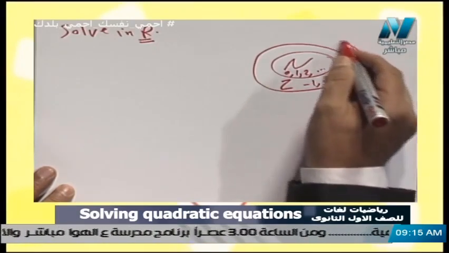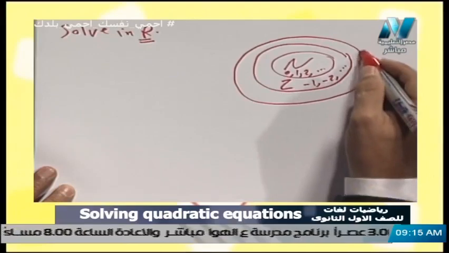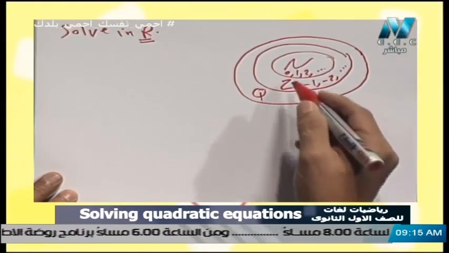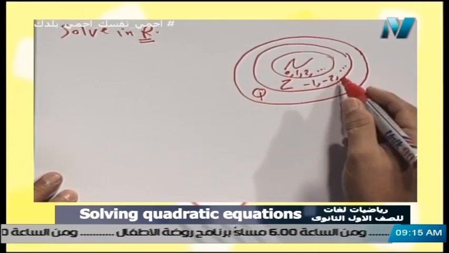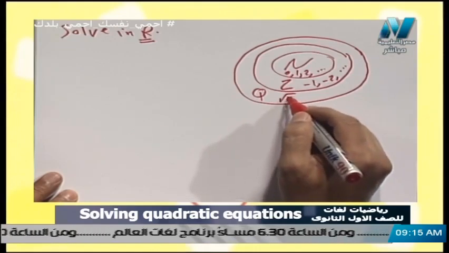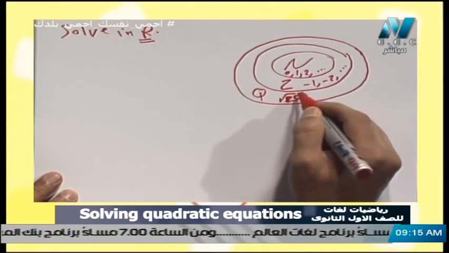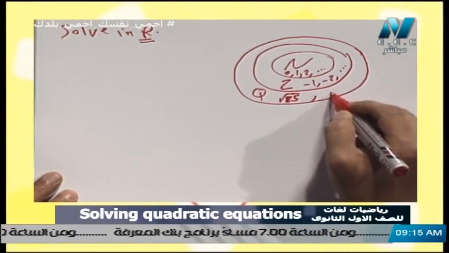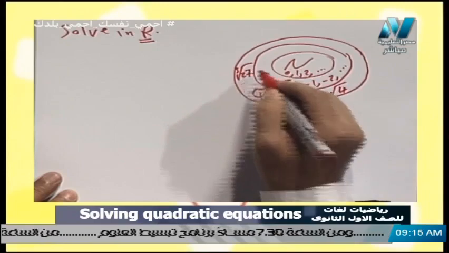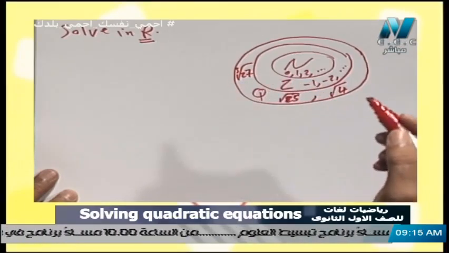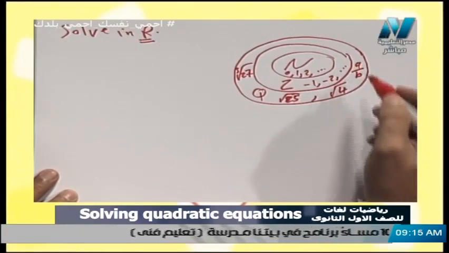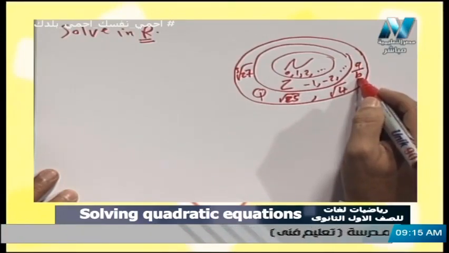And then we have a bigger set, which is Q. Q contains all these numbers plus square root of 25, square root of 4, cubic root of 27, and so on. Any such number can be written as a fraction a over b, but b doesn't equal 0.